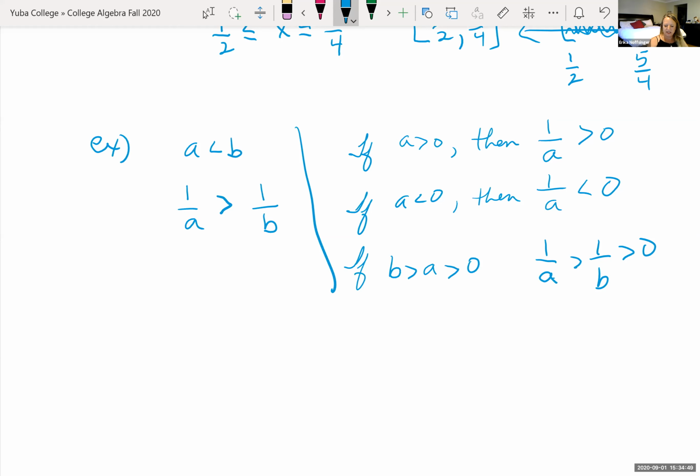These are both positive, so 1 over A and 1 over B are going to still remain positive.